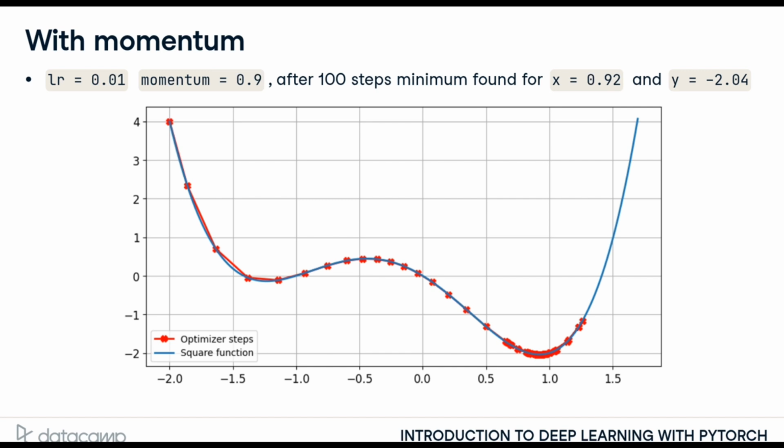However, when using a momentum of 0.9, we can find the minimum of the function. This parameter provides momentum to the optimizer, enabling it to overcome local dips, as shown here. The momentum keeps the step size large when previous steps were also large, even if the current gradient is small.